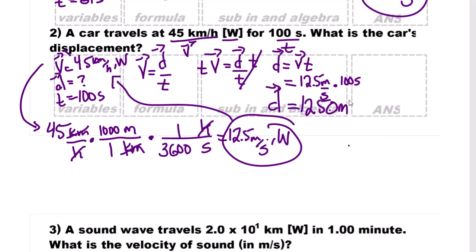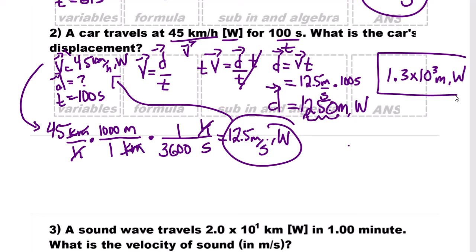But I need to round for sig digs, so I'm only allowed two digits. So the decimal's right here. 1, 2, 3. I could move it up 3 spots. That lets me round to 1.3, because there's a 5 next here, times 10 to the power of 3 meters, and I need to include the direction, west. Here's my final answer.